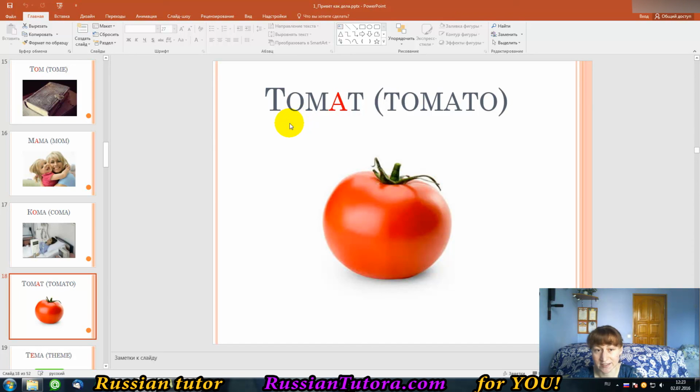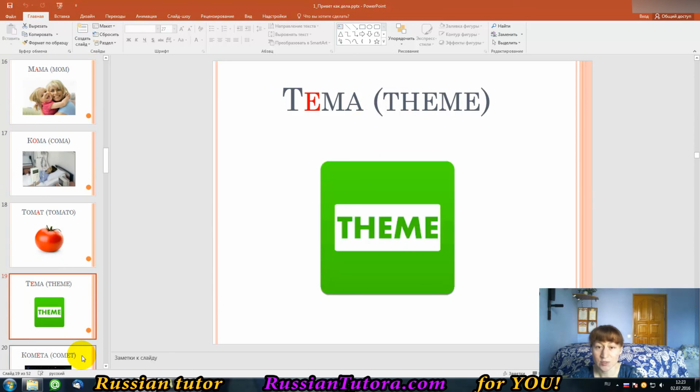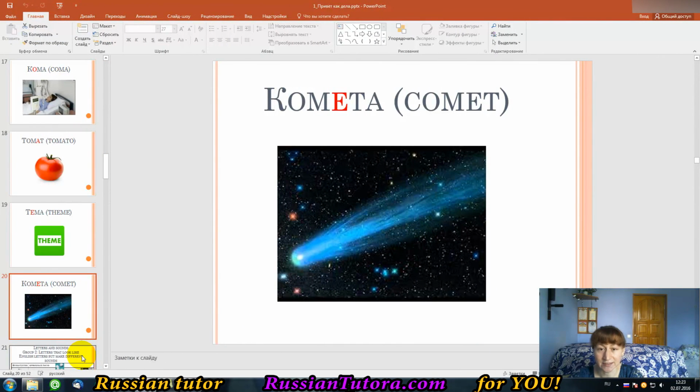That is why it gets reduced. The next one is тема. Комета. So here again we have the reduction of O because it isn't stressed.